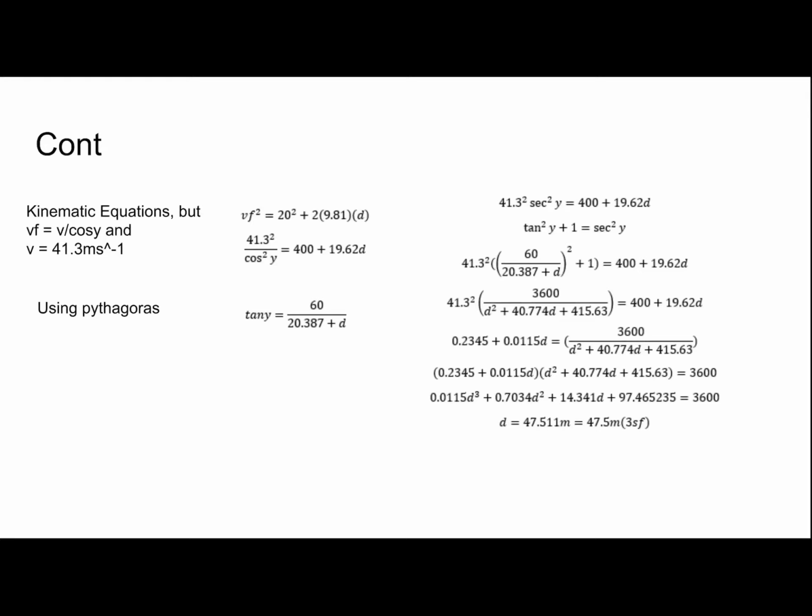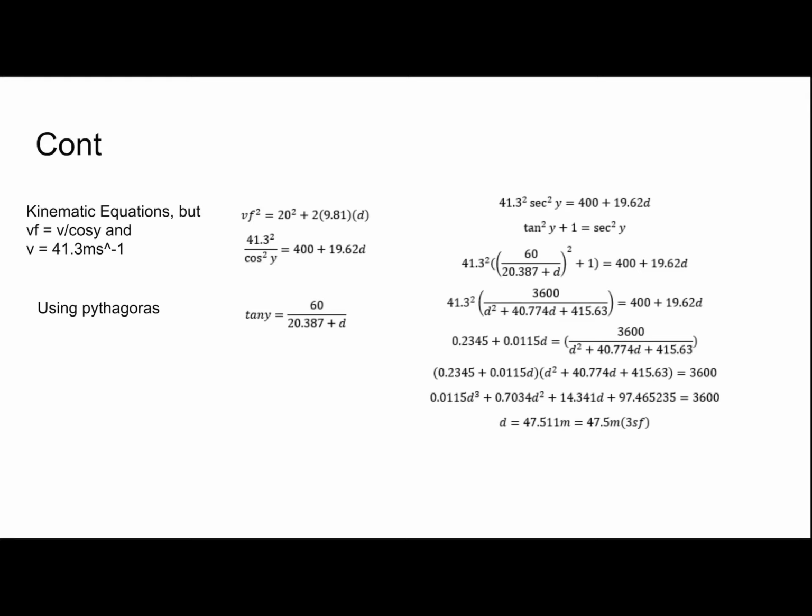So therefore, we know tan y is 60 over 20.387 plus d. So we can replace secant squared y in our equation by tan squared y plus 1, which is 41.3 squared multiplied by 60 over 20.387 plus d, whole thing squared, plus 1, and that equals 400 plus 19.62 d. Alright, so now we have two equations in terms of d.